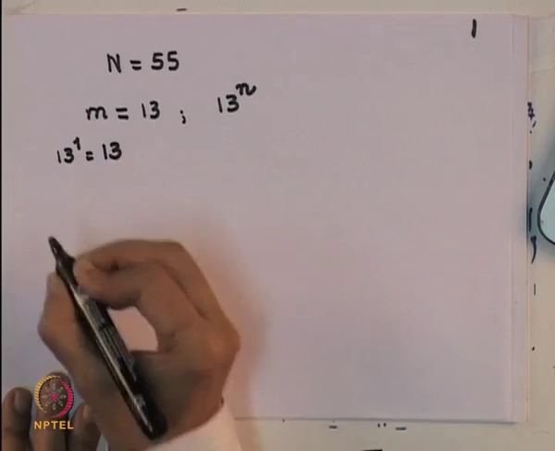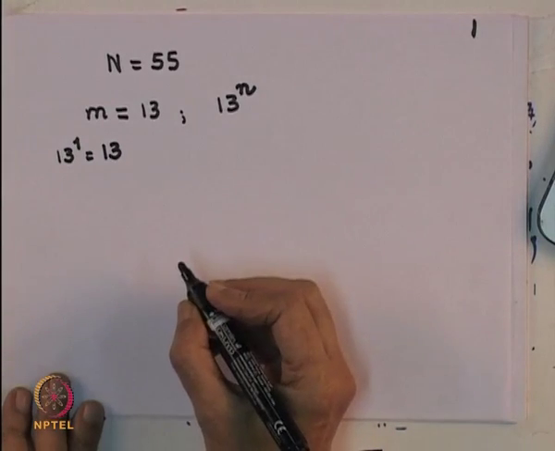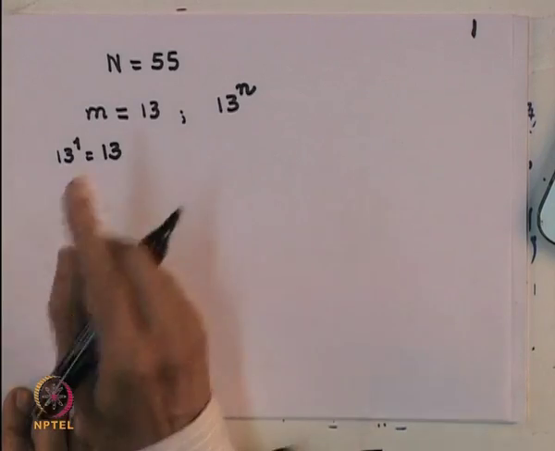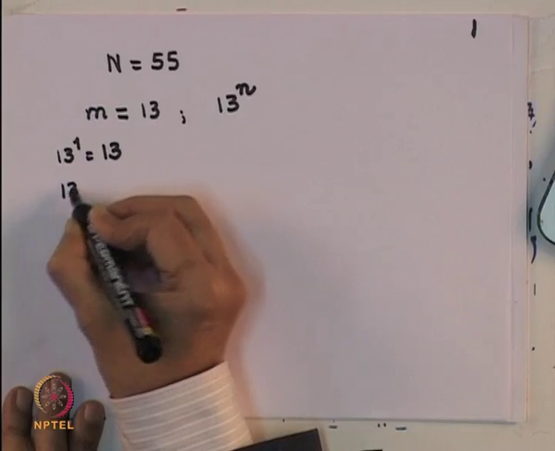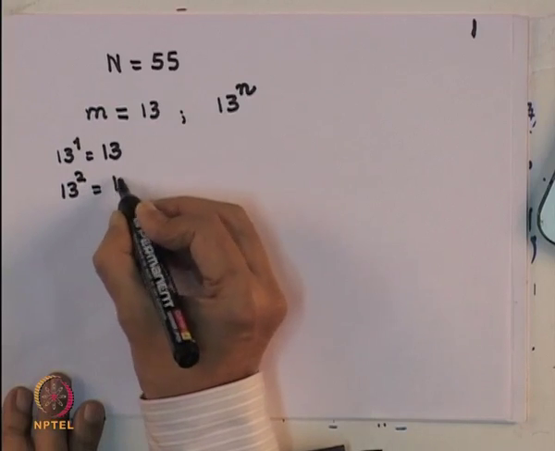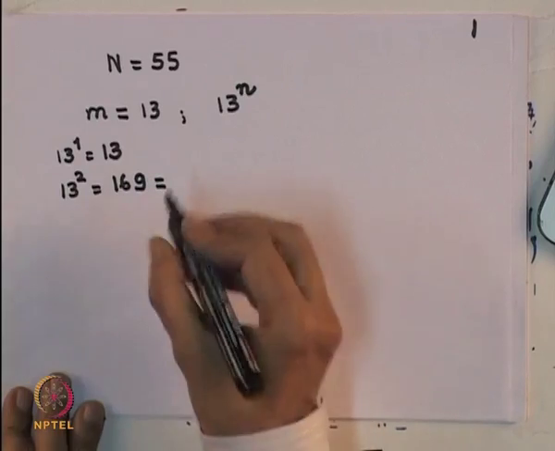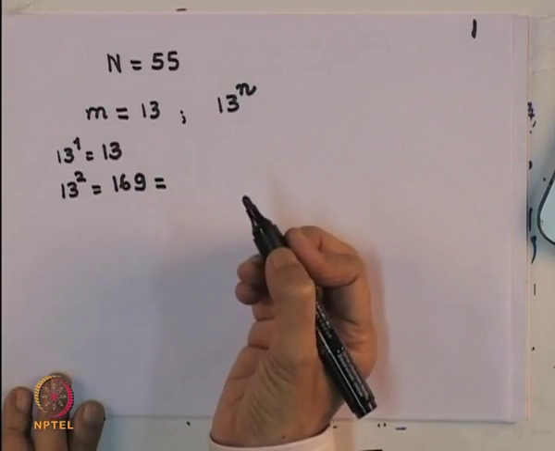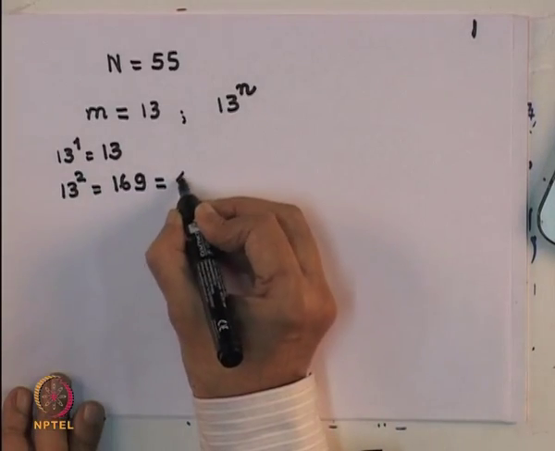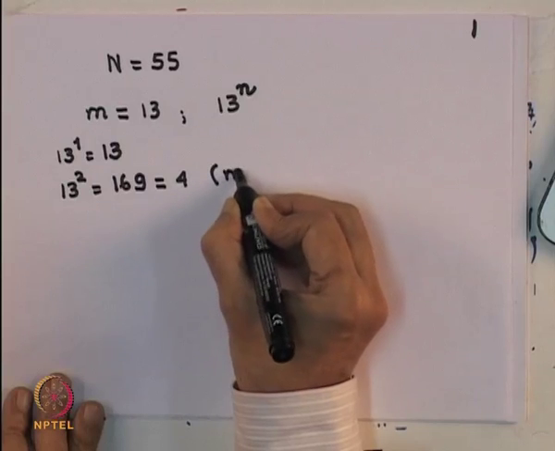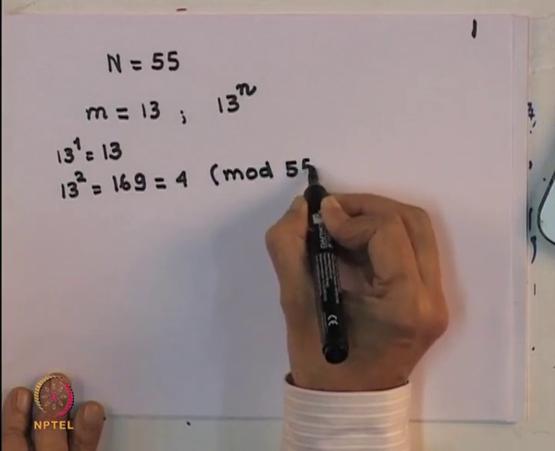Remember, this is discrete arithmetic. Because of the discrete arithmetic, we have certain advantages which I should use. Now 13 square is 169, which is nothing but 4 plus 165. 165 is nothing but 3 into 55. So this is equal to 4. I will not write it always, but let me remind you, this is mod 55.